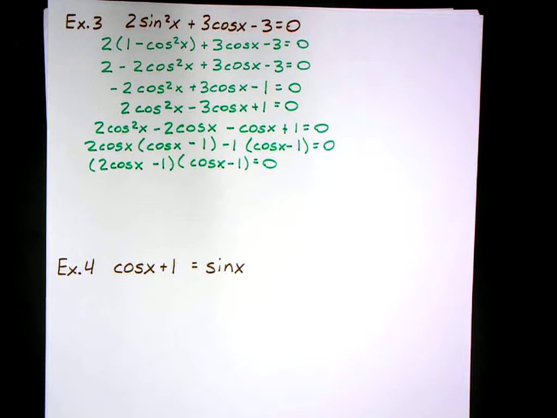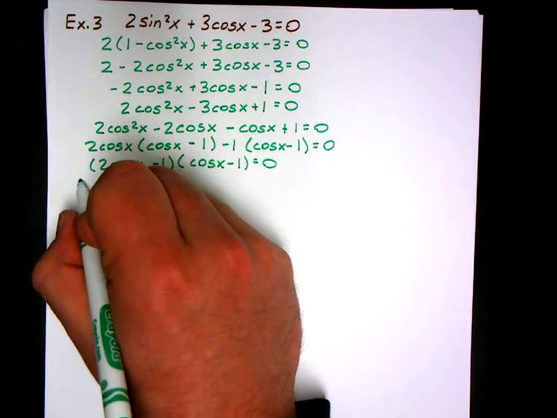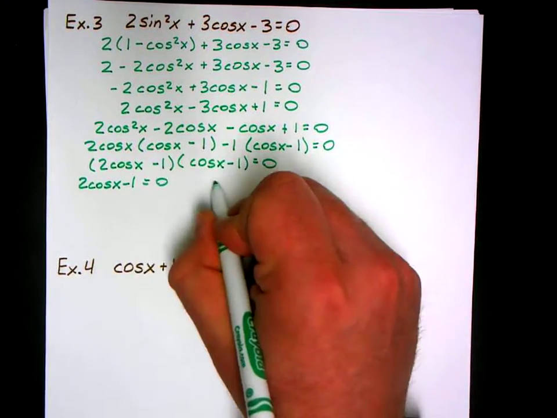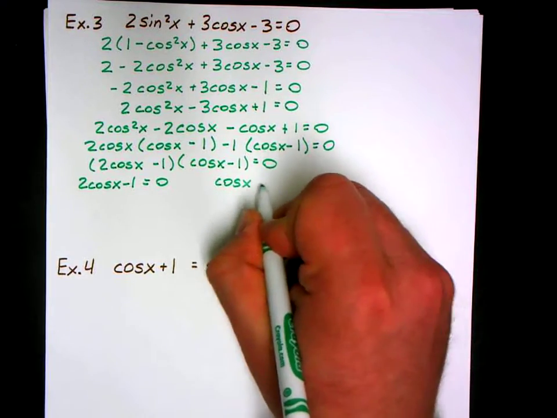Okay, so I factored it now. So I set each factor equal to 0. See, the tornado drill doesn't look so bad now, does it?